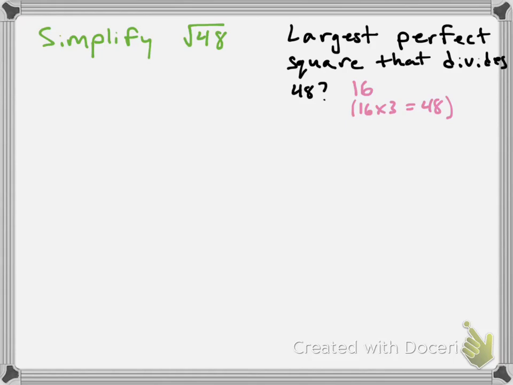Knowing that 16 times 3 is equal to 48, and that 16 is a perfect square, we're going to write the square root of 48 as the square root of 16 times the square root of 3. What we just did is use our rule from the first page backwards. If you did root of 16 times root of 3, according to that rule that would be the root of 16 times 3, which is root of 48.